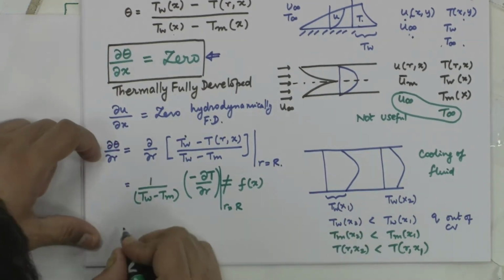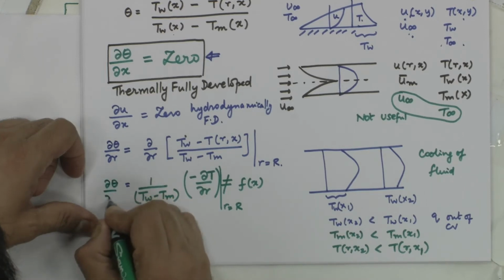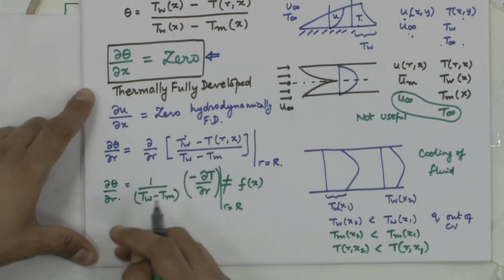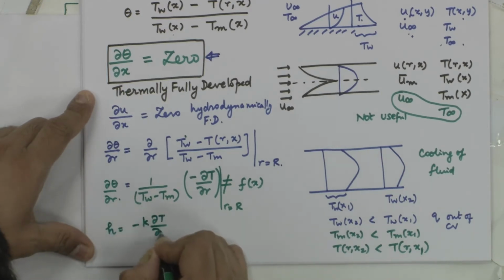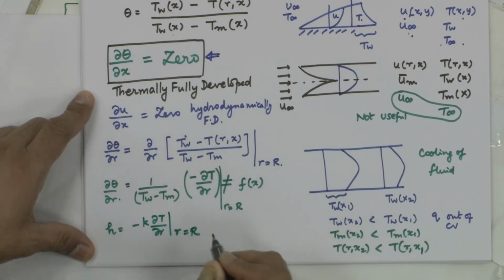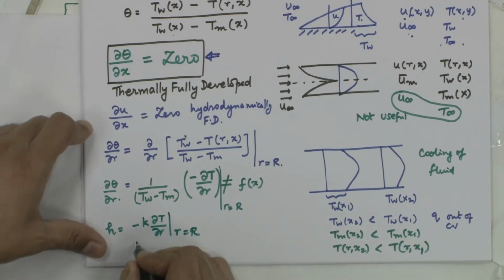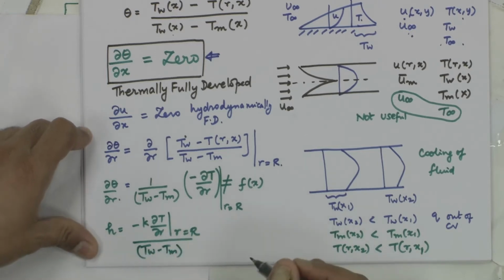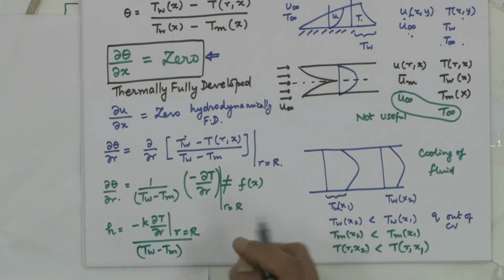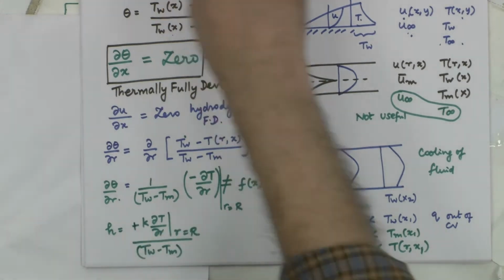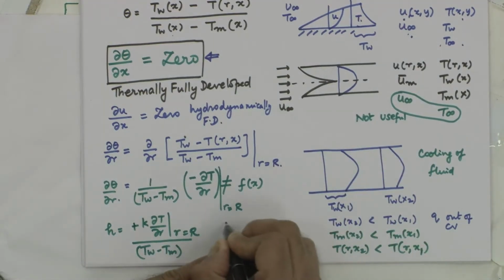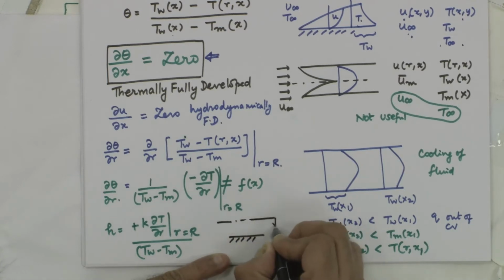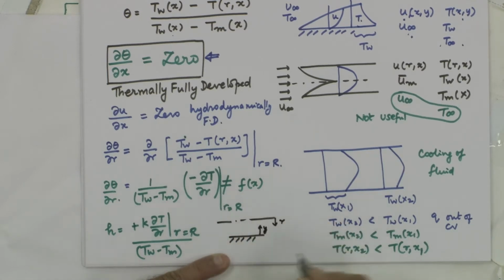What is minus dT by dr evaluated at r equal to capital R? What is that quantity? Remember our definition of heat transfer coefficient. h is equal to minus k dT by dr evaluated at the wall, divided by some temperature difference. This quantity is your heat transfer coefficient. So, why does this become plus? Because of the same logic we had in fluid mechanics. r is going this way, y is going this way.